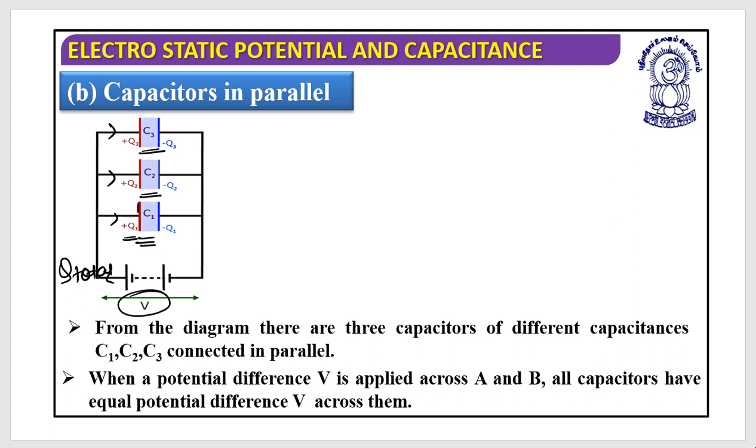As this plate is connected with the positive terminal, this is positive, so this would be negative. The same thing is true for Q2 and Q3 and C2, C3.